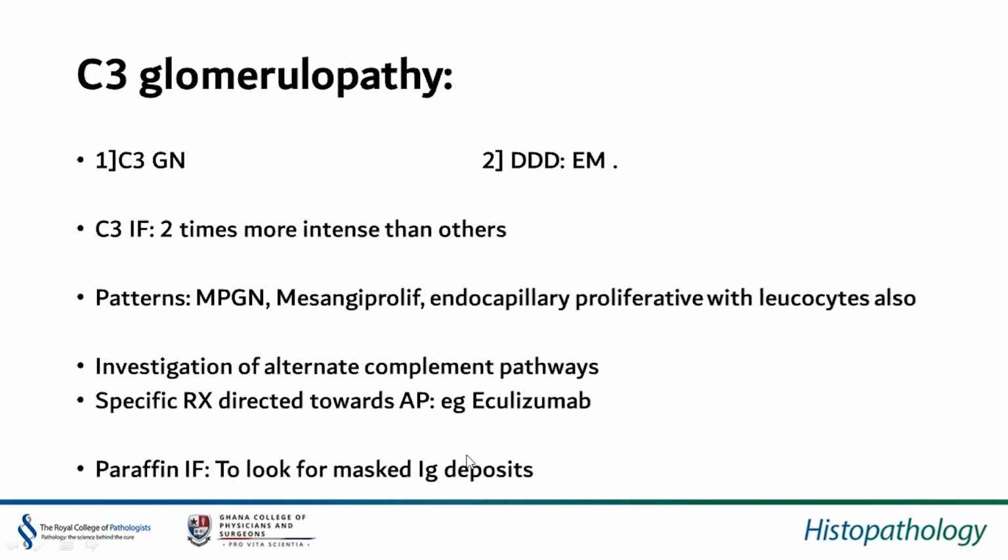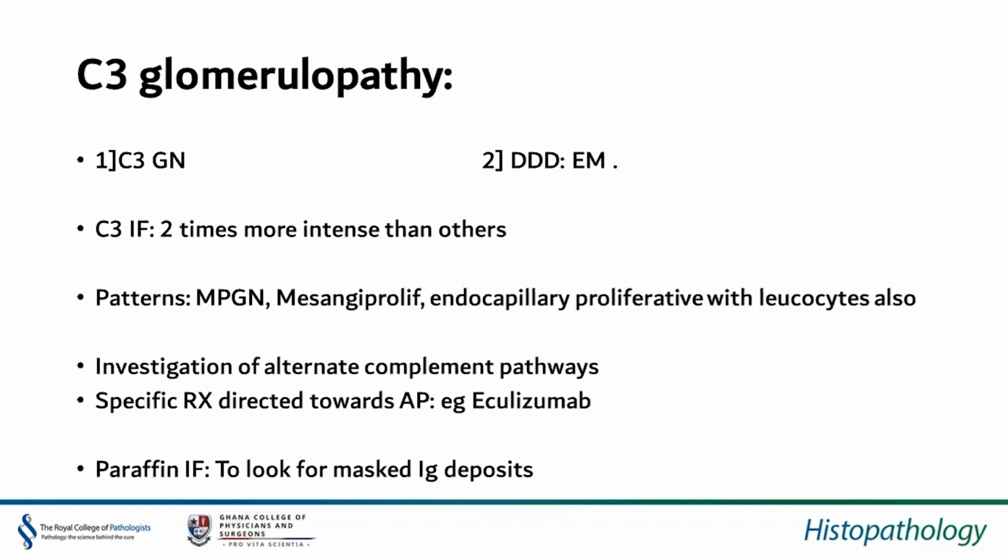Sometimes monoclonal deposits are masked, and you cannot pick them up unless you do a paraffin IF and unmask them. Paraffin IF is a very useful technique. Suppose, for example, you want to make a diagnosis of IgA nephropathy, which is an IF diagnosis. Really, EM doesn't have a role to play. But what if your IF bit has no glomeruli?